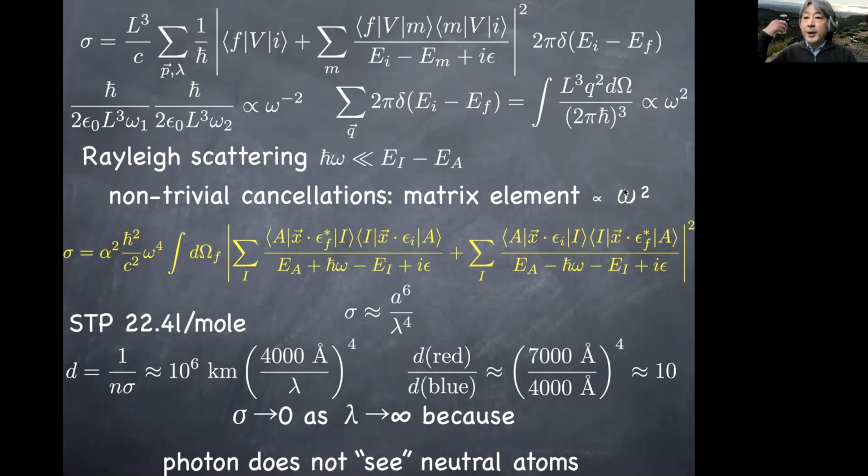And once you have that intuition, you would look for possible cancellation between these matrix elements. Then you do find the cancellation as long as you do the algebra correctly. And indeed, the final result is suppressed by the fourth power of the wavelength. And that's the idea of Rayleigh scattering.